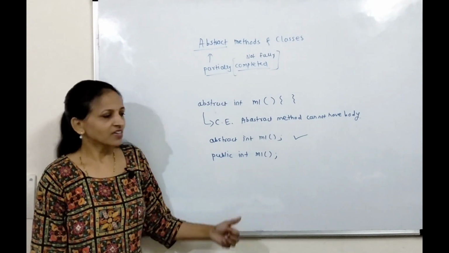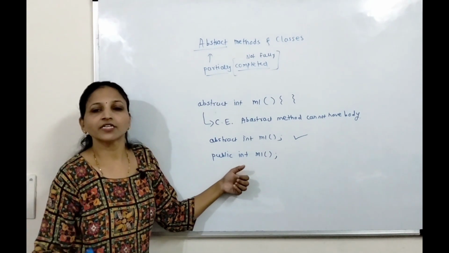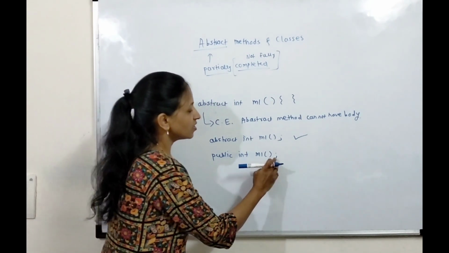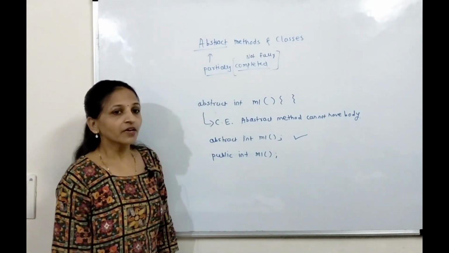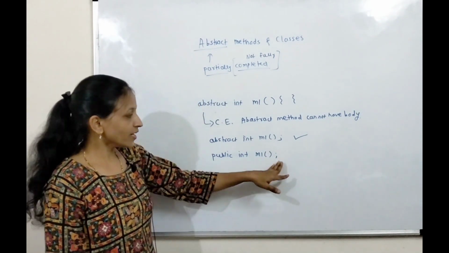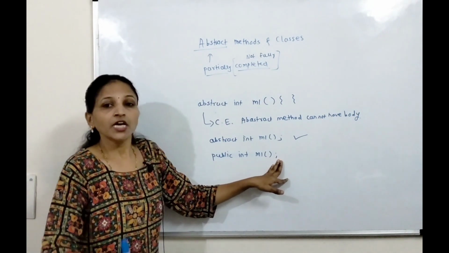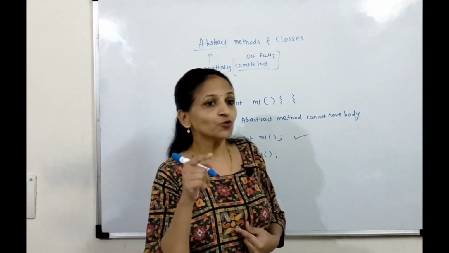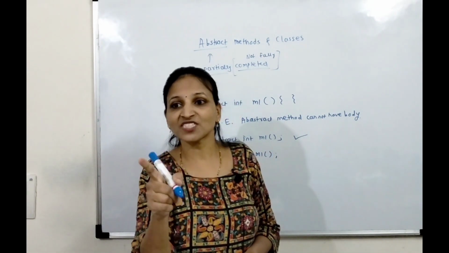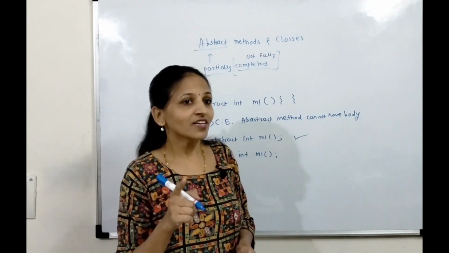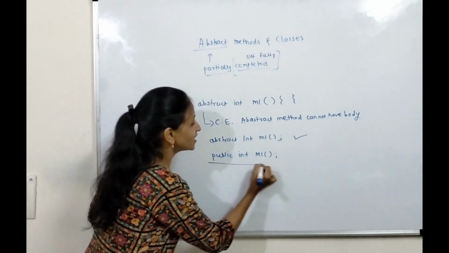No body at all. Here suppose you have written void or int, it doesn't matter, but here you have written semicolon. If any method is not having implementation, there is a compulsion that you should declare that method as abstract in case of Java. In case of Java, you cannot write like this.